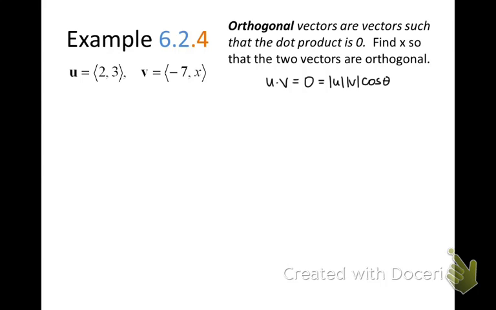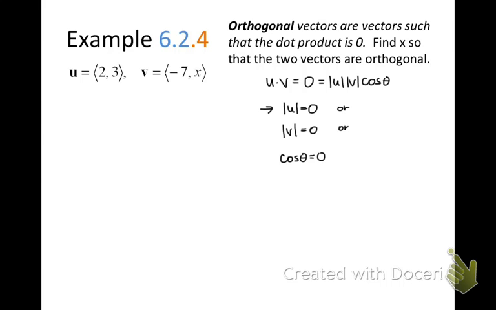It's if one of those pieces is 0. So either the magnitude of u is going to equal 0, or the magnitude of v is going to equal 0, or what else could equal 0? Cosine of theta could equal 0.